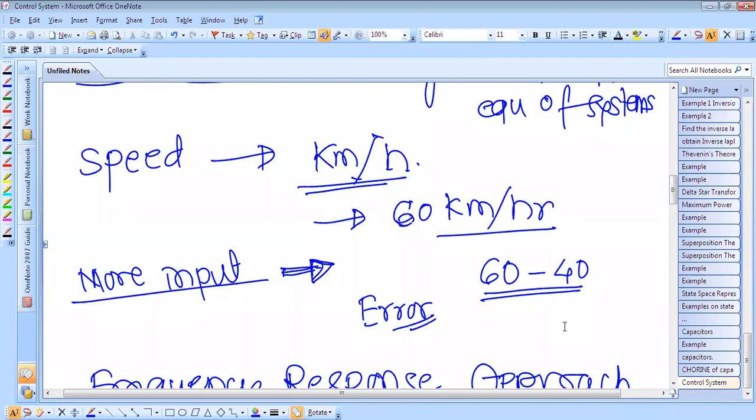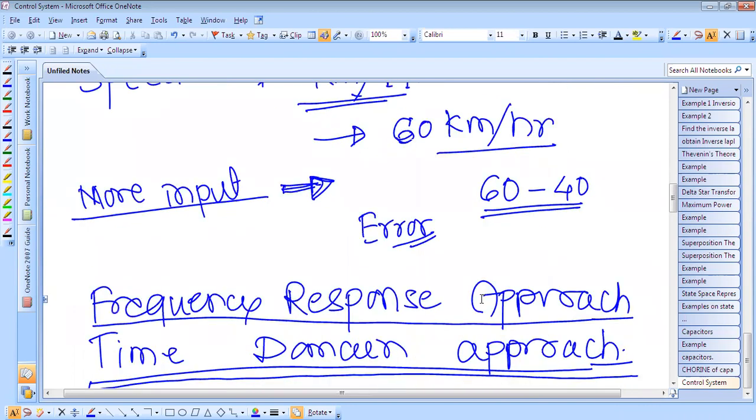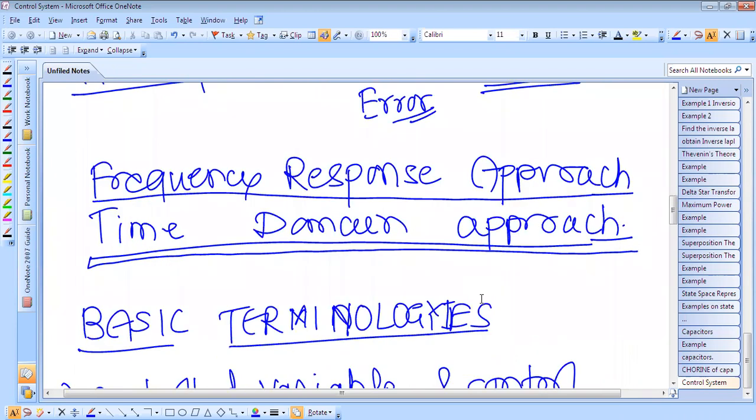Whenever we accelerate, more fuel is given to the engine, more output is produced, and we can reach the expected value. And there are different approaches for the analysis of control systems. We may use the frequency response approach or the time response approach.